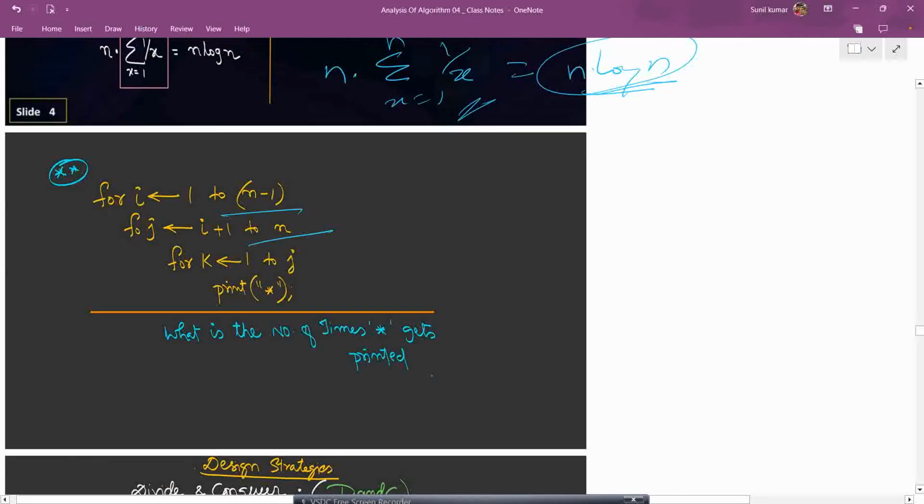Now, what is the number of times star will get printed? 1 to n, then 2 to n, then 3 to n.